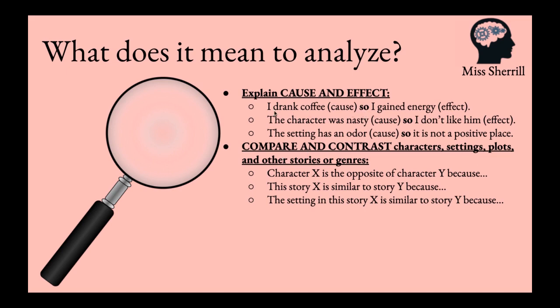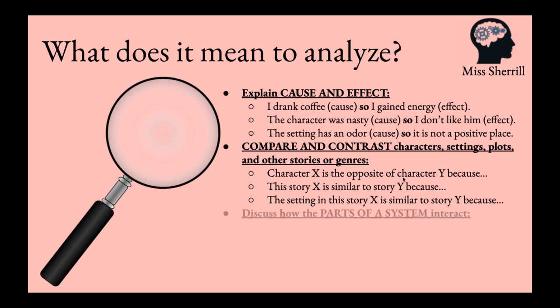Look at "so": the cause, so the effect. Or when I want to compare and contrast, I talk about the two things I want to compare and contrast, and I say "because" to give an explanation of why I think that or why it's apparent.